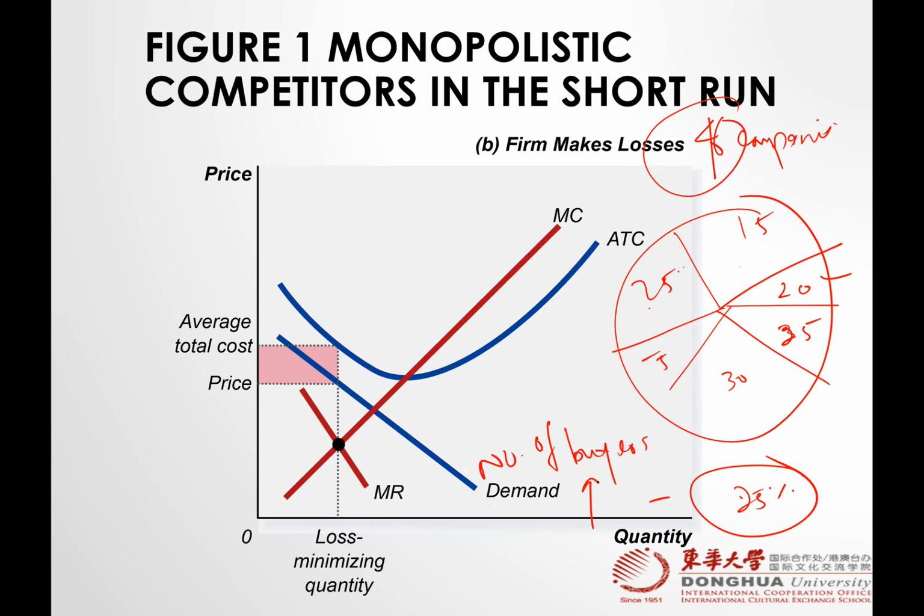When the number of buyers increases, these 4 firms that stayed in the market will experience increased demand. They were having a loss, but now since 2 companies have gone out of the market, they left 25% of customers in the existing market. So their sales are probably going to be hit by an increased number of buyers, which means an increase in demand.